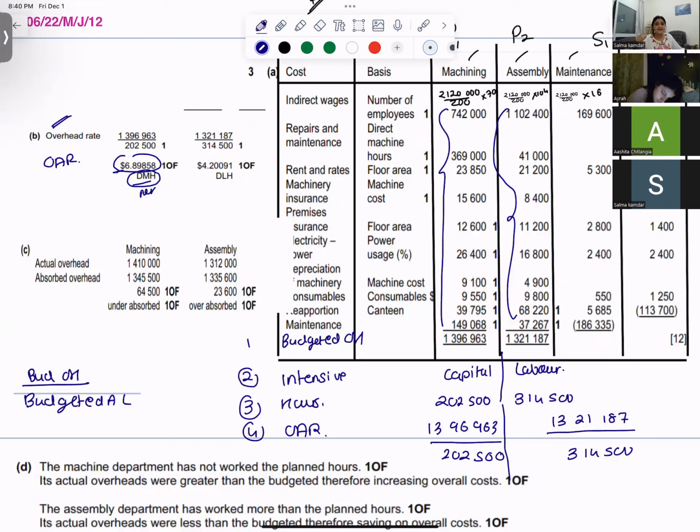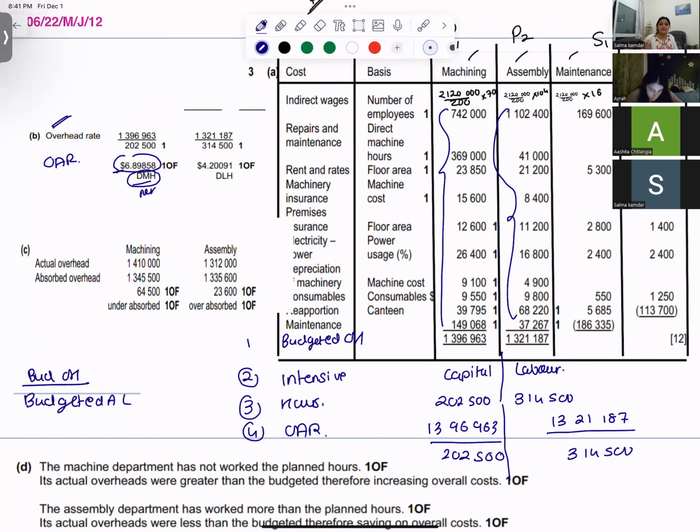Then you will find out whether it is capital intensive or labor intensive. If it is capital intensive, then you will take machine hours into consideration. If it is labor intensive, then you will take labor hours. What is the full form of DMH and DLH again? Direct machine hours, direct labor hours. Then you will find your overhead absorption rate.